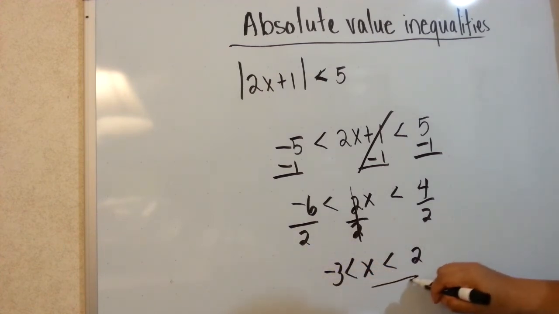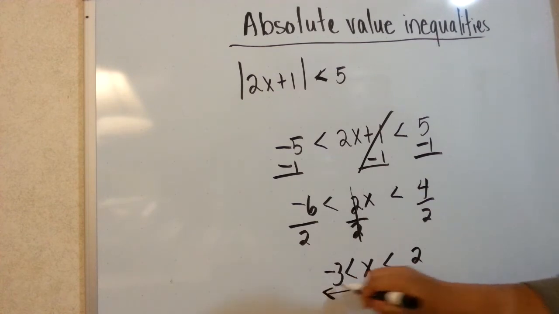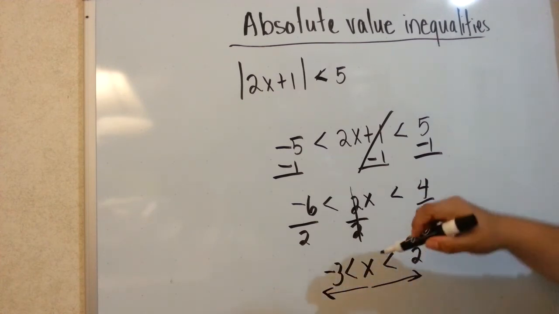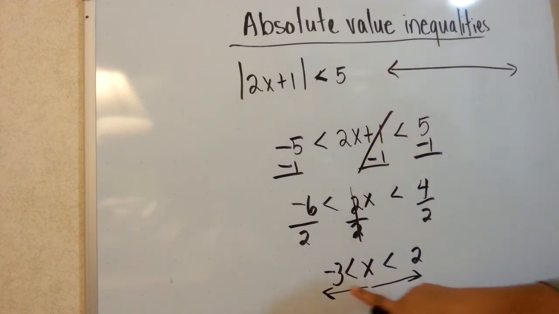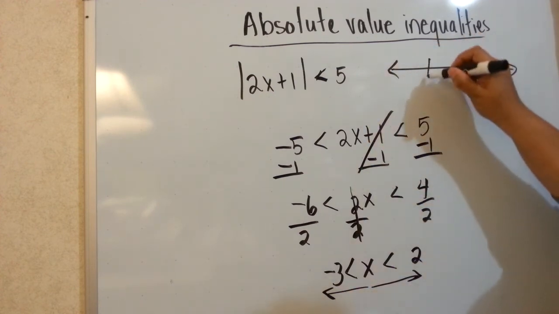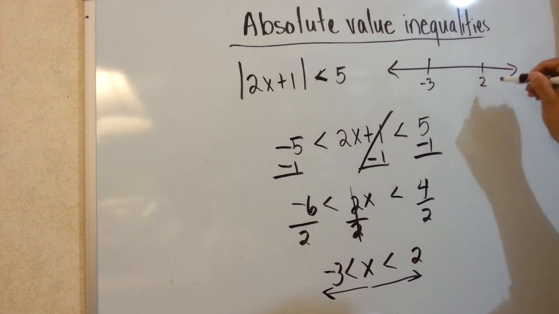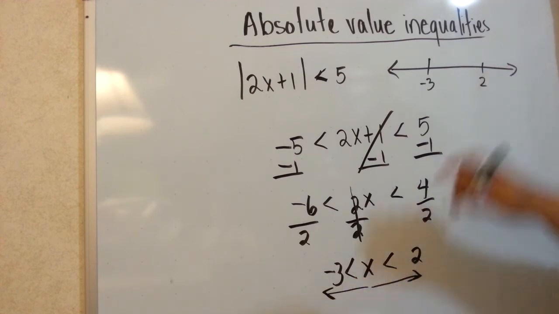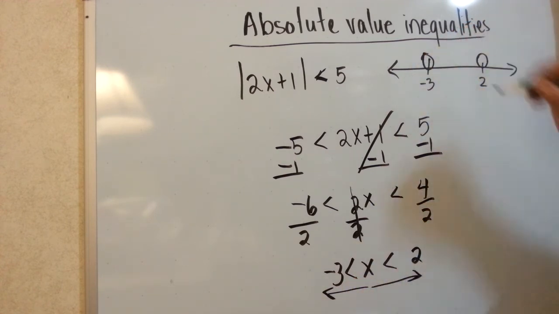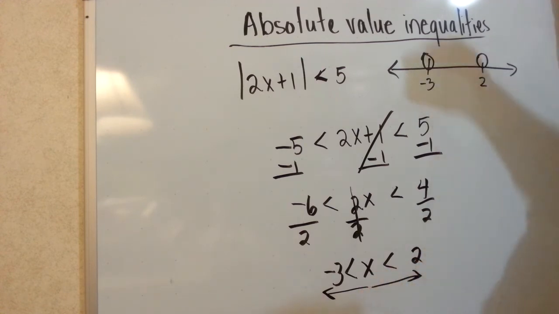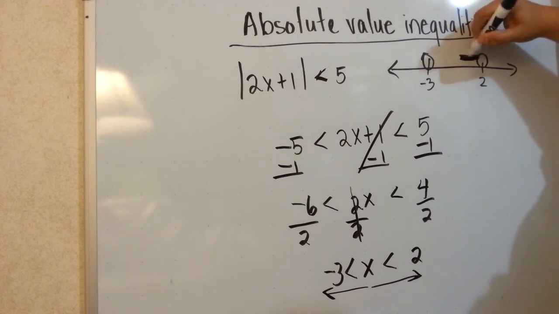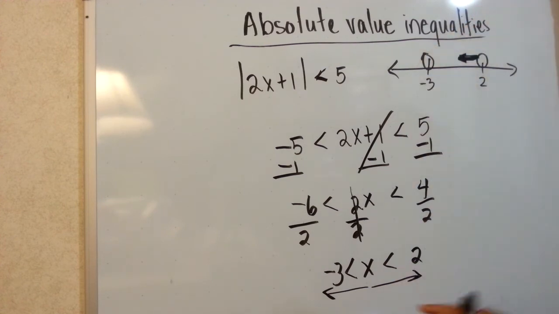Now, remember I said how you read this. I always start from the middle. X has to be less than 2. So I'm going to put my two critical points. My two critical points are negative 3 and 2. There's no equal bar, so both of them are open. X is less than 2, so we're going to be this way. Remember, I read from the middle outwards.